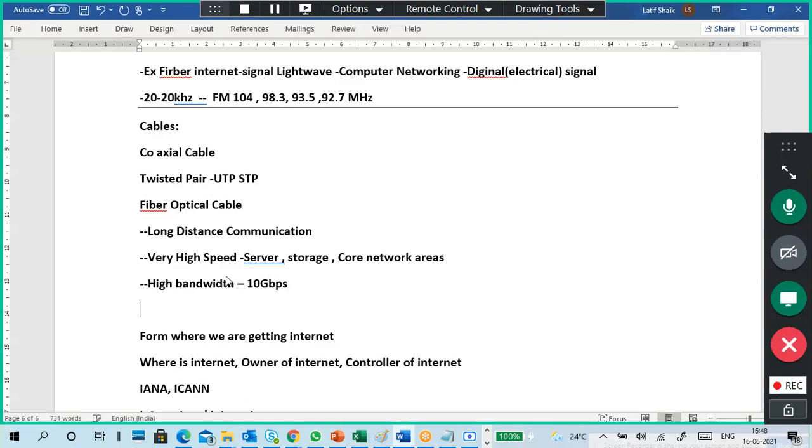Using copper cables, you will get a maximum of 1 Gbps only. But here we'll get 10 Gbps speed. Higher speeds are also possible, and moderate speeds are also there. So high bandwidth is possible.